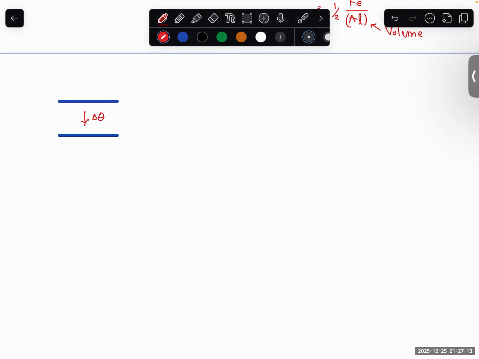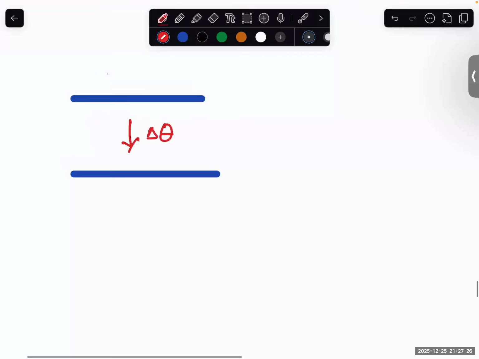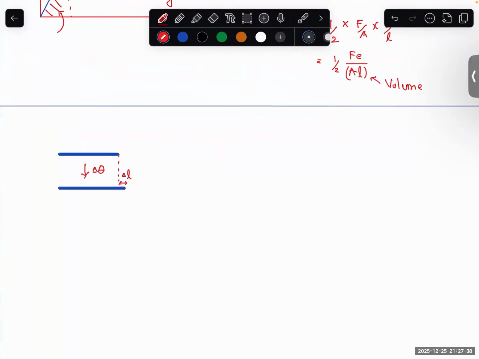So everywhere the intermolecular distance increases. So that produces a summation. Addition of all those will give you a small extension. So that is what you call thermal expansion.